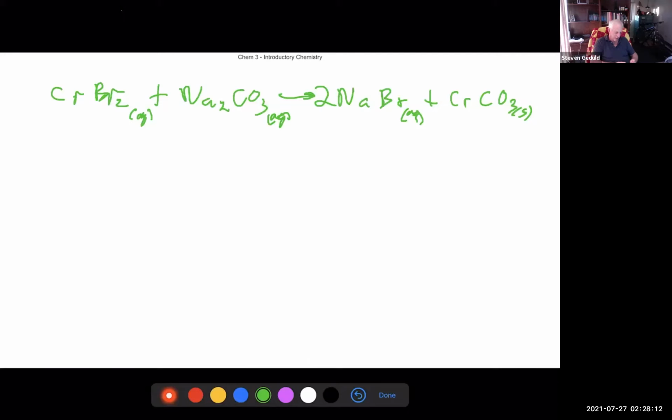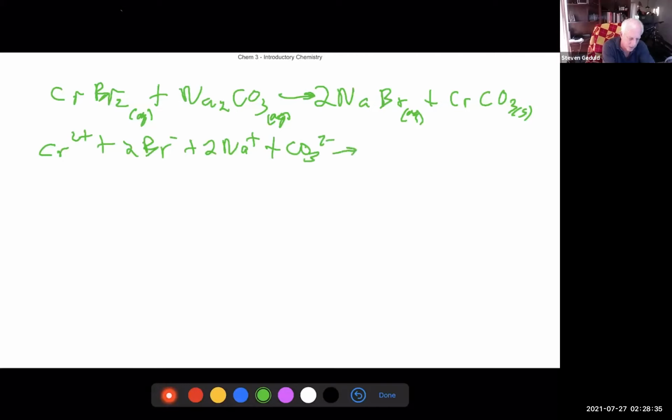Then it says write the balanced net ionic equation. All right, so now we got to break it apart. We have chromium 2 plus, 2 Br minuses, plus 2 sodiums, plus carbonate, goes to 2 sodiums, plus 2 Br minuses, plus CrCO3 solid.